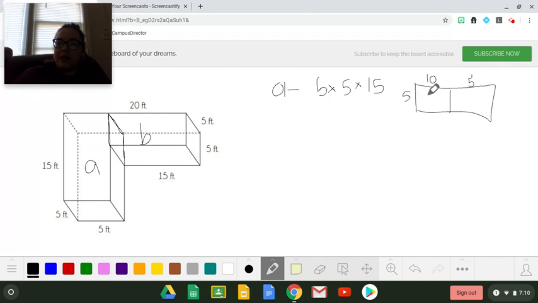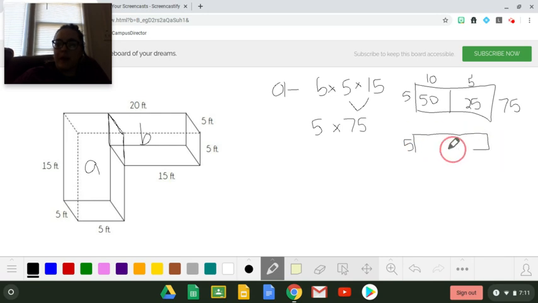So 5 times 10 is 50. 5 times 5 is 25. We can quickly in our head add that together and get 75. So now I again just have to do 2 digits by 1 digit. Because now I've got to do 75 times 5.